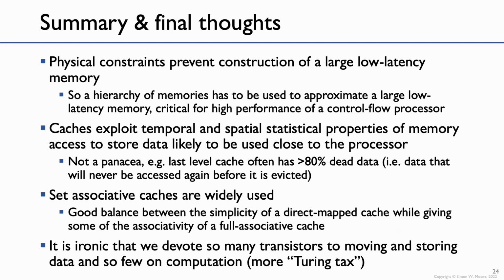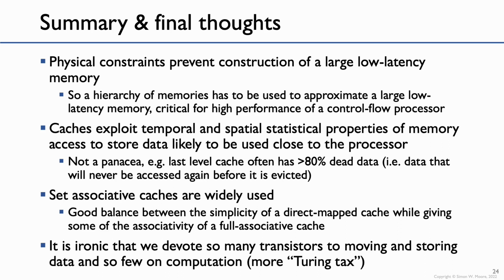Caches exploit temporal and spatial statistical properties of memory accesses to store data likely to be used close to the processor. However, it should be noted this really isn't a panacea. The last level cache often has 80% dead data.